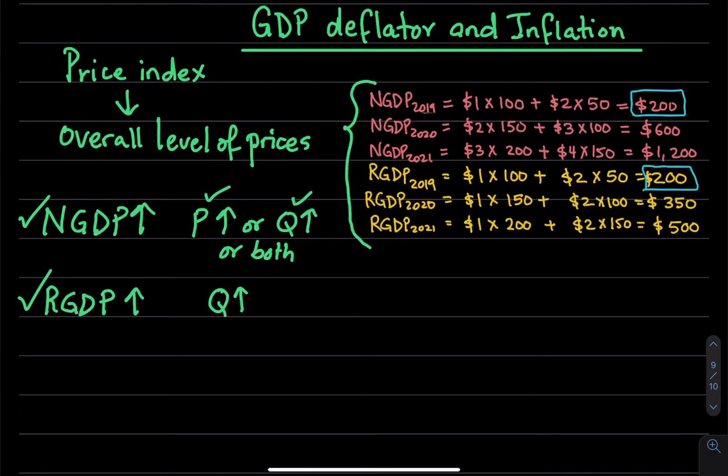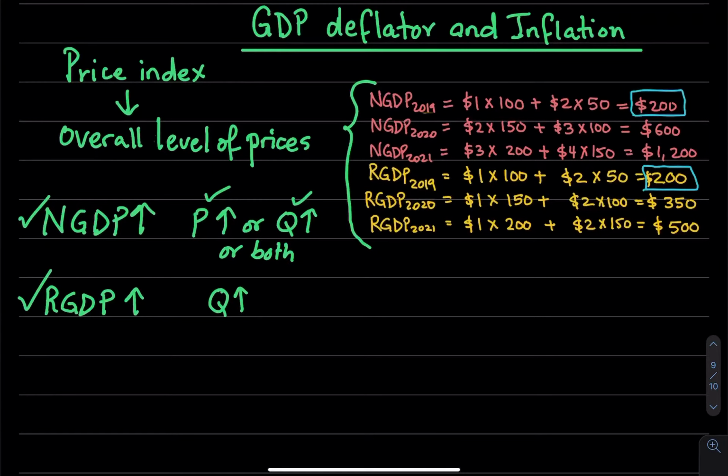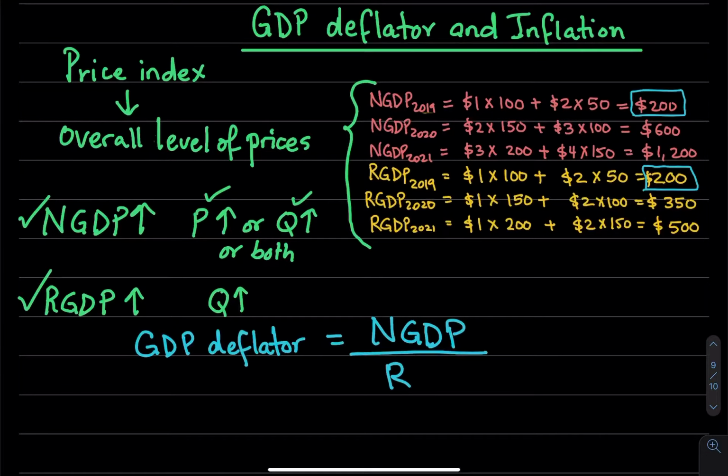Okay, so let's write this in a different color. GDP deflator for any year equals nominal GDP divided by real GDP times 100. There is no percentage, there is nothing here.